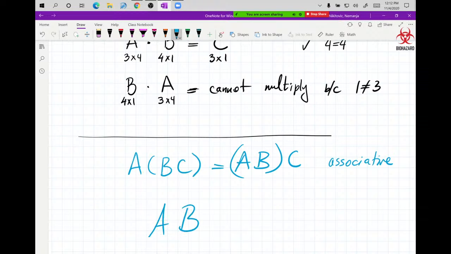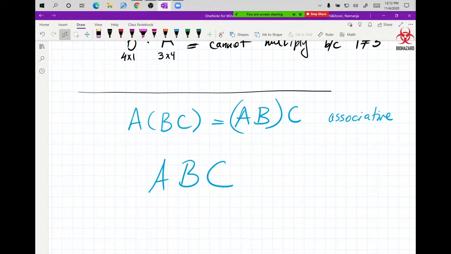To just write ABC like this, you have to have the middle match already. So if I have, let's say, 3 by 6 and 6 by 4 and 4 by 2, whatever, you see that A and B match at 6 and 6, and B and C match at 4 and 4. So if I multiply these two first, my answer would be 3 by 4, and I'm still good to go 4 by 2, because 4 matches 4.